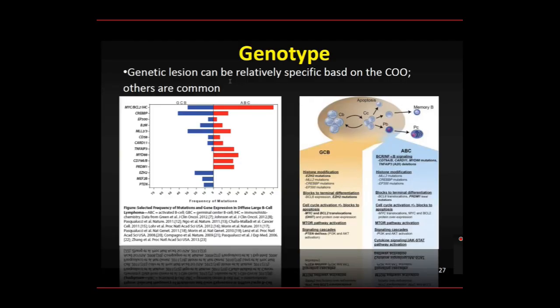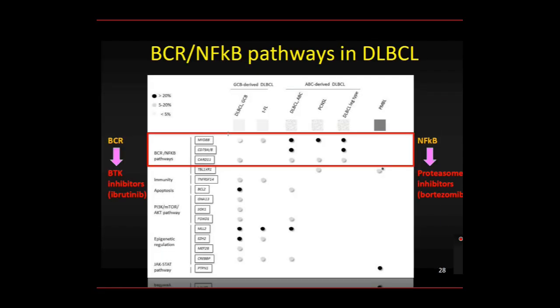They behave differently under chemotherapy, but also from the genetic point of view. So we have different mutations. Some are in common, but some are really specific for one or the other group. I don't need to enter the details. It's important for you to know that they have a different genetic background. So they are probably two different diseases that are currently grouped inside still a wastebasket as diffuse large B-cell.